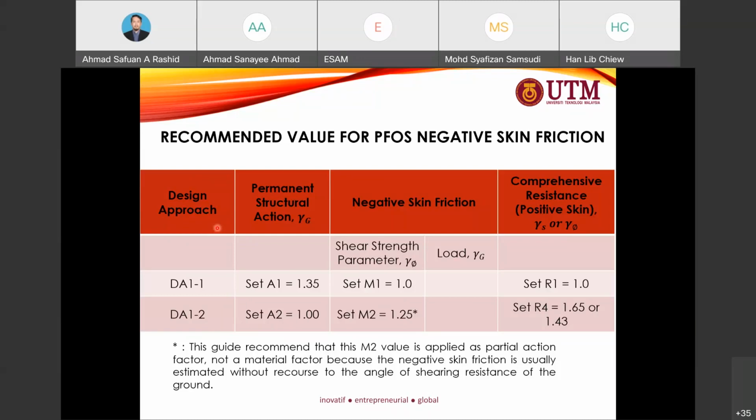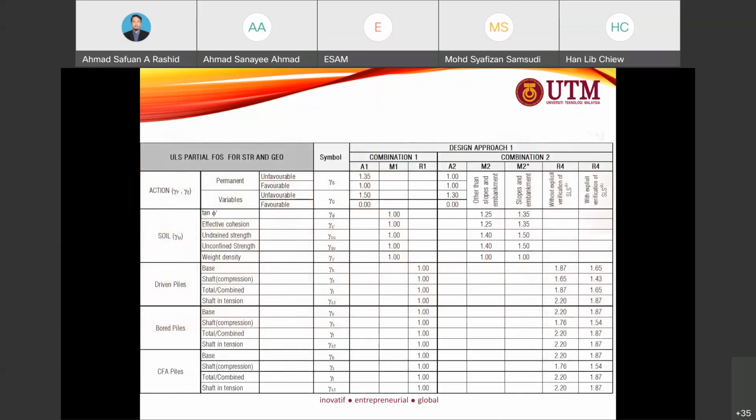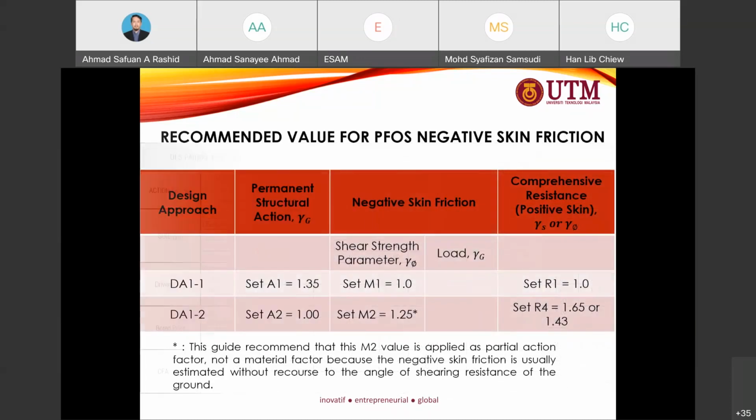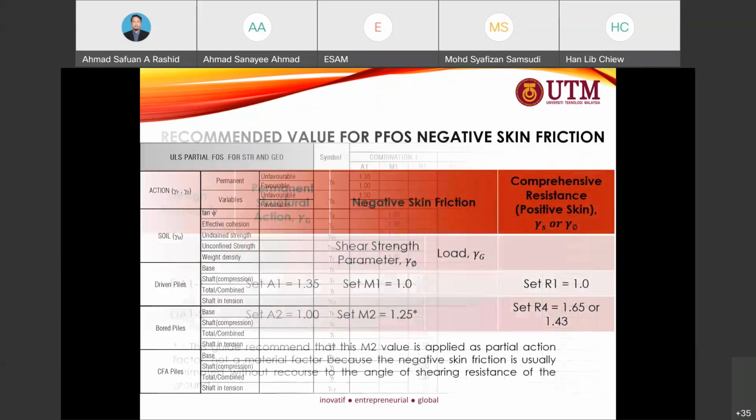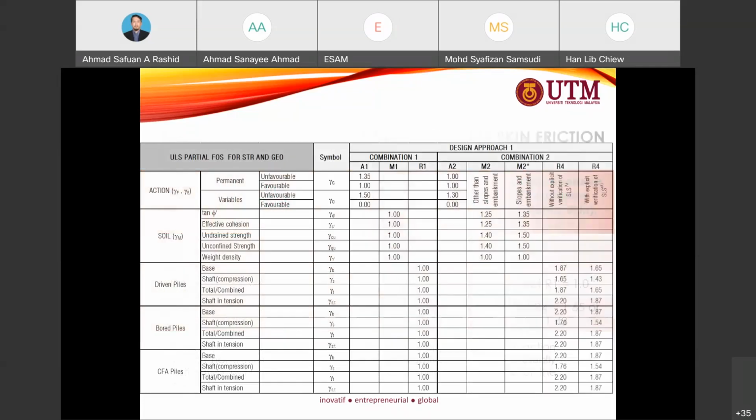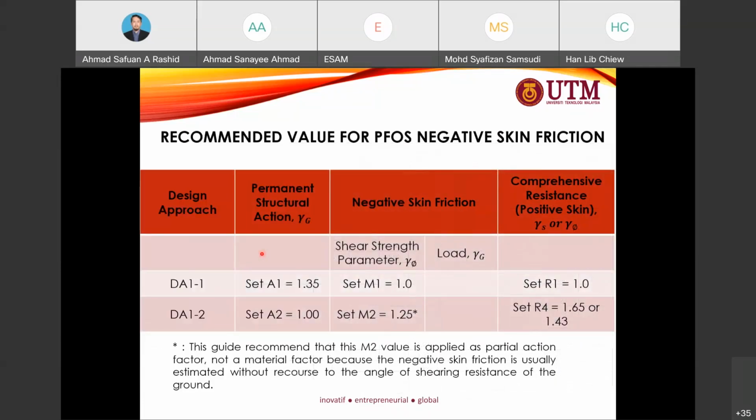So on the M1 and M2, the value is 1.25. It is related to the shear strength of the soil, the effective cohesion.